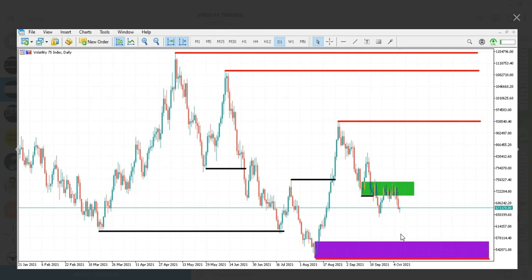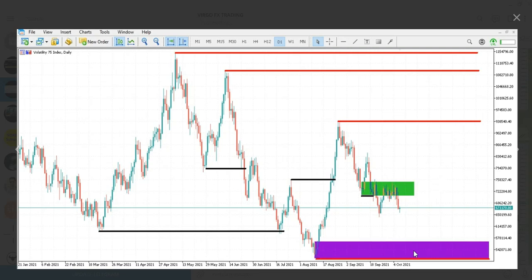So now price is in this accumulation phase here. So this is our demand zone here, or our point of interest. Why is this our point of interest? Because price broke the structure going up, so we anticipate price to come down to this order block down here, and then it will push up.